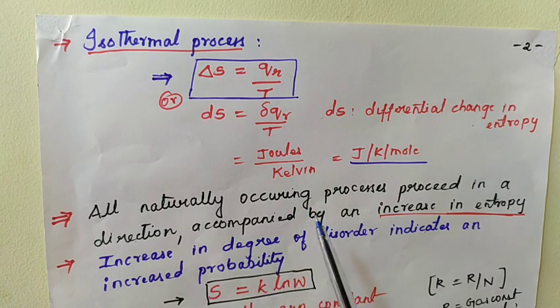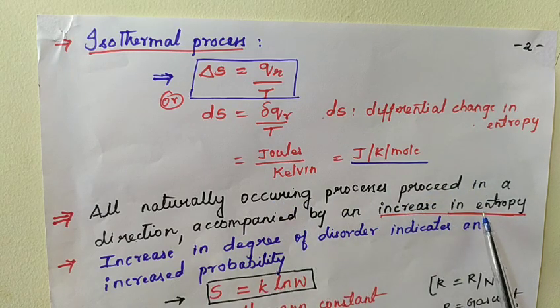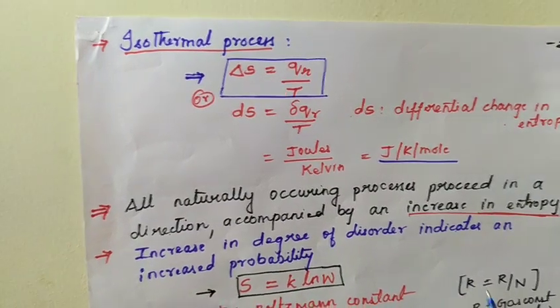If you look into all these processes, definitely the entropy increases. That means all naturally occurring processes will move in a direction where there is maximum entropy change.